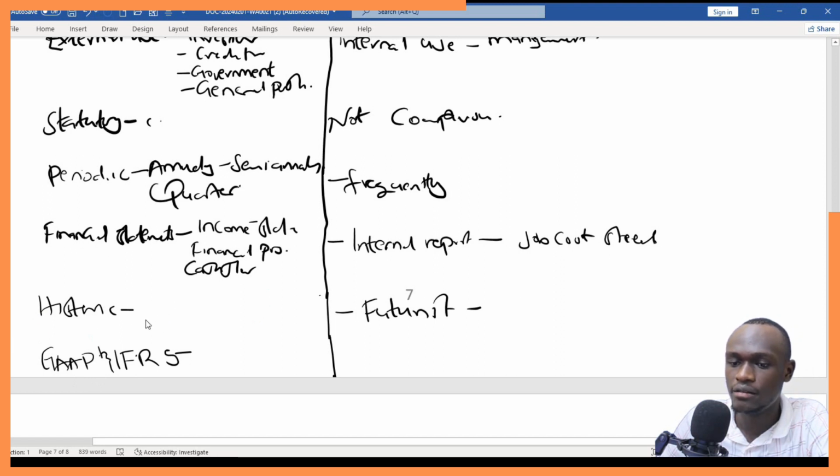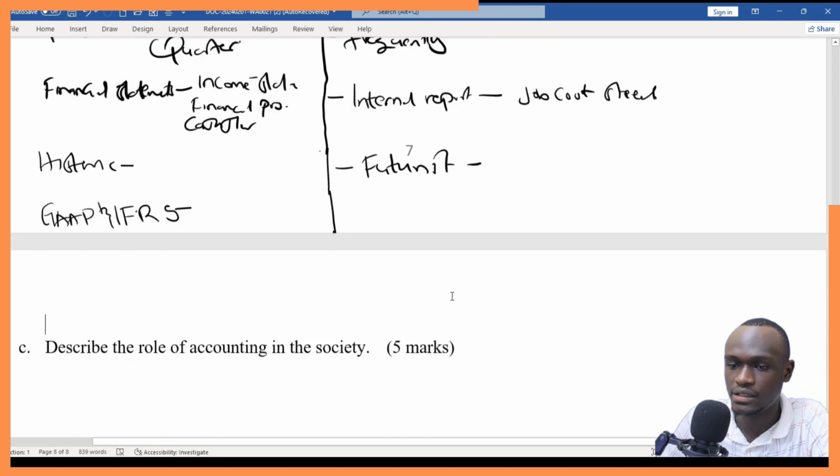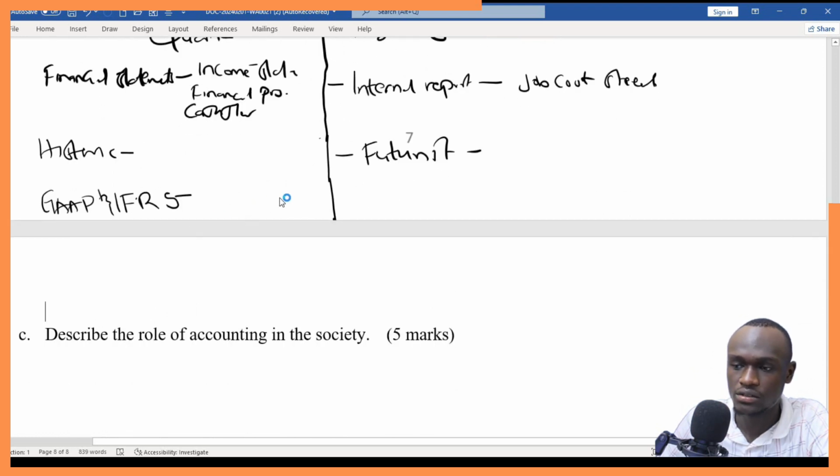It provides information that has already happened, but management accounting is futuristic. Then financial accounting adheres to generally accepted accounting principles and international financial reporting standards. On the other hand, management accounting does not follow any standardized format when preparing its reports.